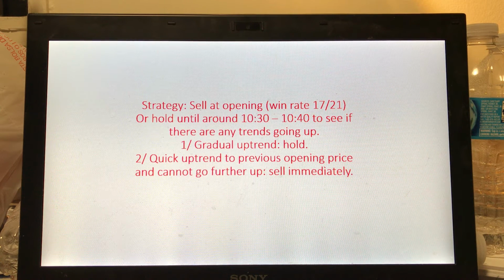Or we can hold the stock until around 10:30 to 10:40 to see if there is any probability of the stock going up.